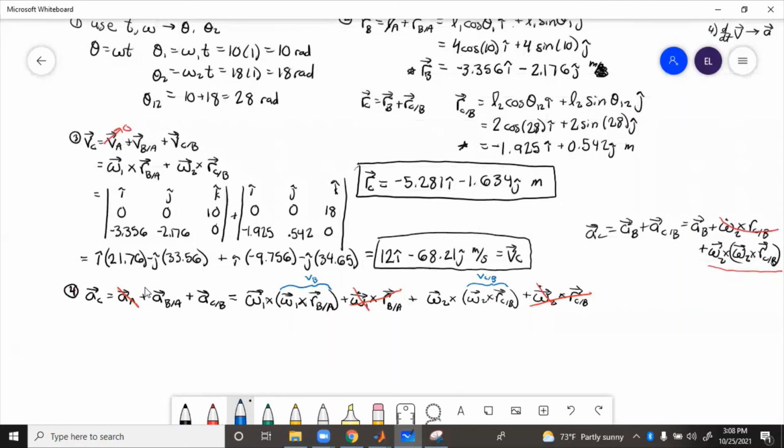Now we just need to put everything into the cross products. For the first one, we'll have 0, 0, omega 1, and then VB from above, which is here.